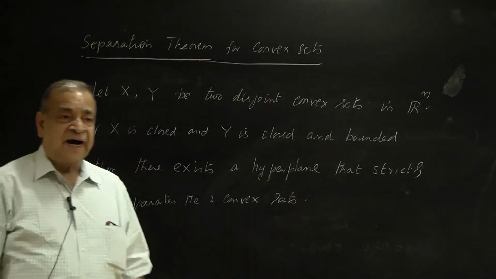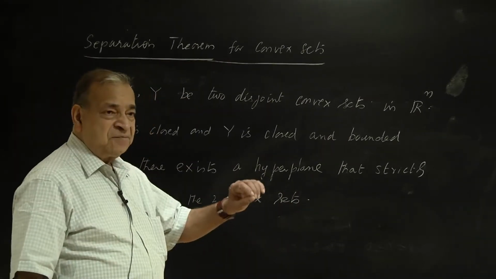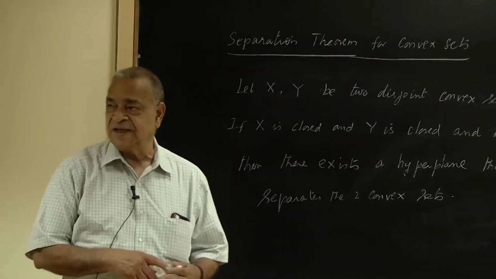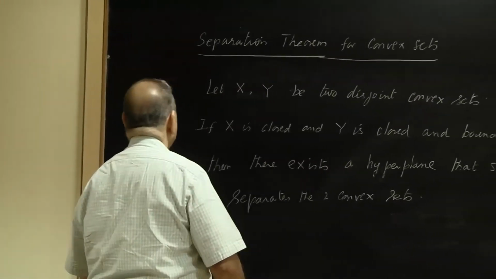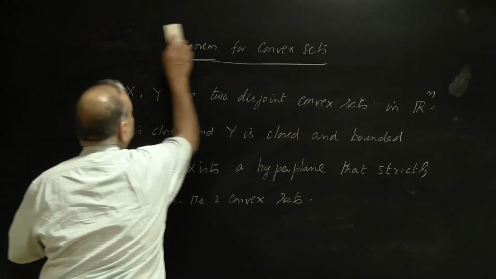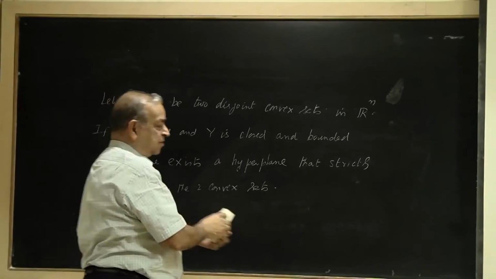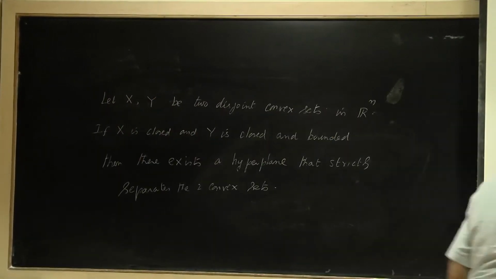What do you mean by a hyperplane? So we need to imagine this first in 2 dimensions. So let us look at what is a hyperplane in 2 dimensions. Maybe I should close this and I will write in here.